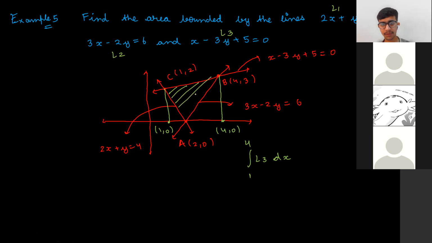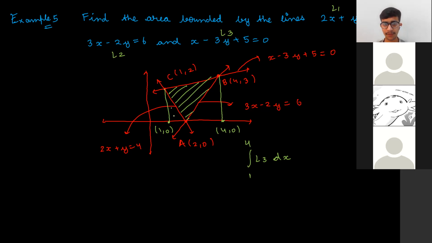So how will we calculate that? Yes guys, which line and the integrals? So basically the integral of L3 from 1 to 4 will give the whole of this area.